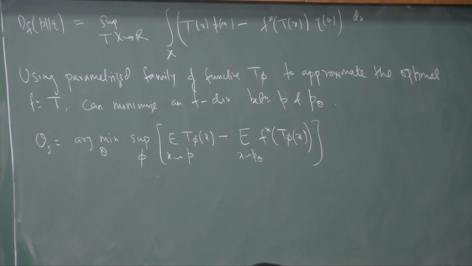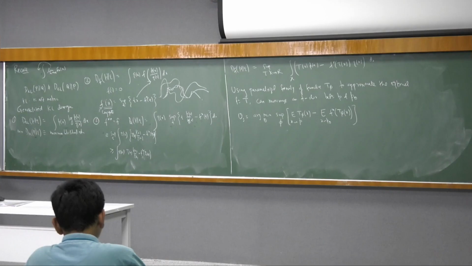As before, it was a supremum over T, and then we want to minimize the difference over theta, for which this measure is going to be 0. That's why we have a min over theta.